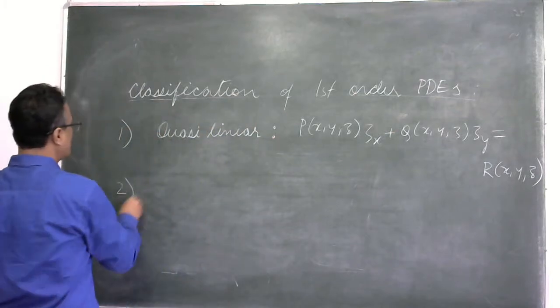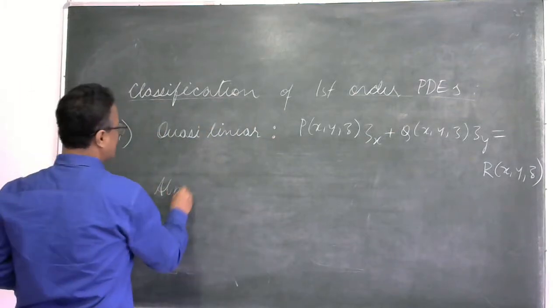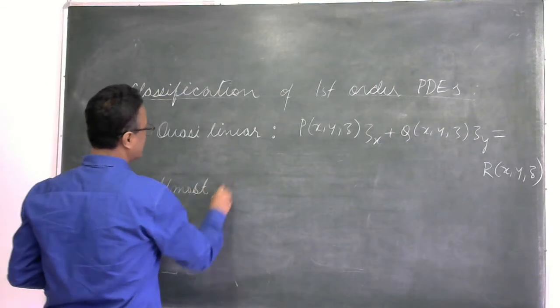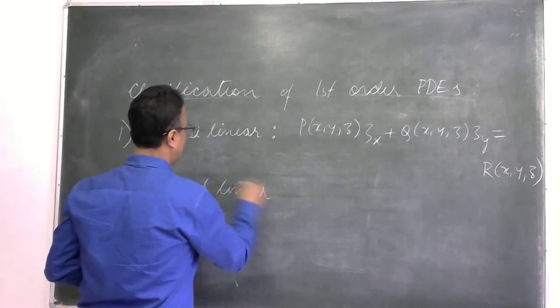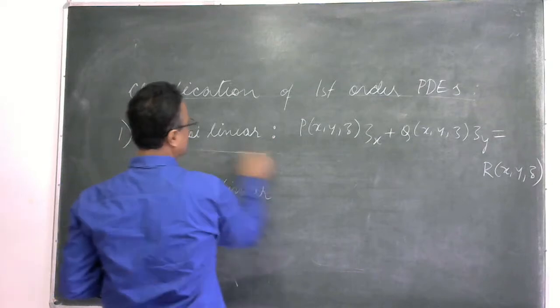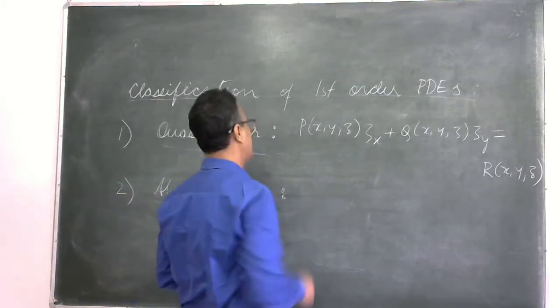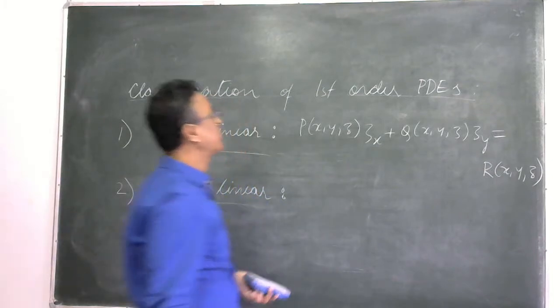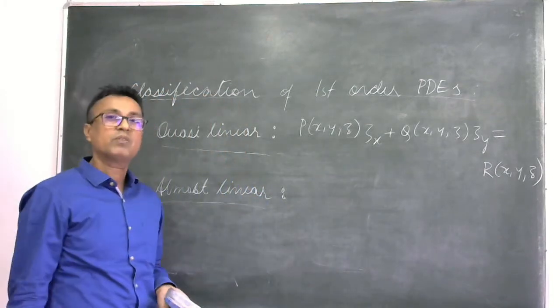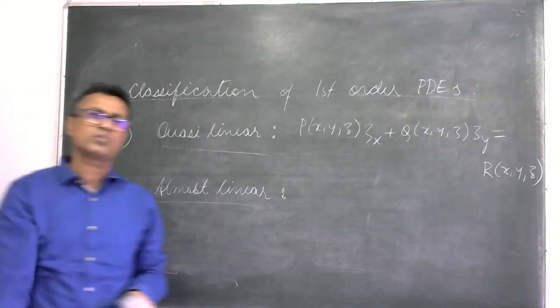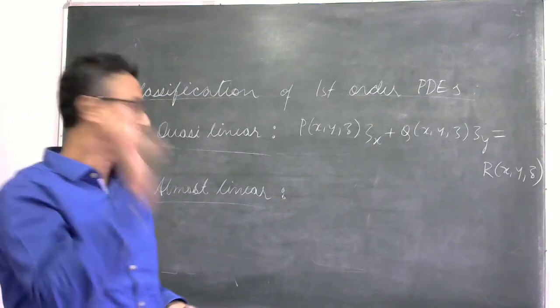And number two, you may have your almost linear. It is going to be of this form. Earlier P, Q, and R were functions of x, y, z, and later on you are going to see that they have to be of class C^1.